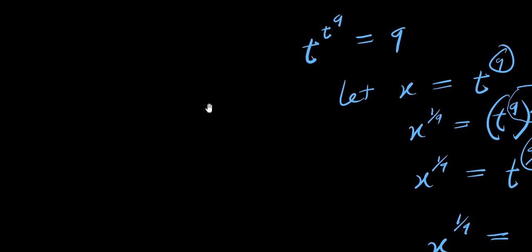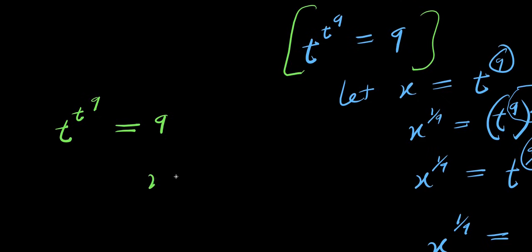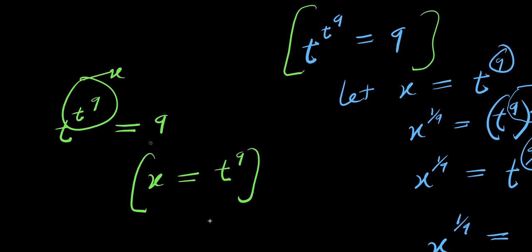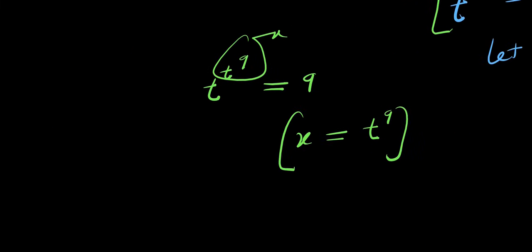Now, if that is the case, let's get back to this equation. I have t^9 = 9, and x = t^9. So this is my x. This is my x, remember? So I'm going to have t^x = 9.